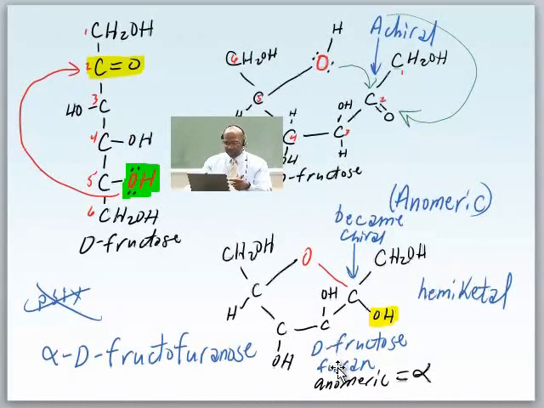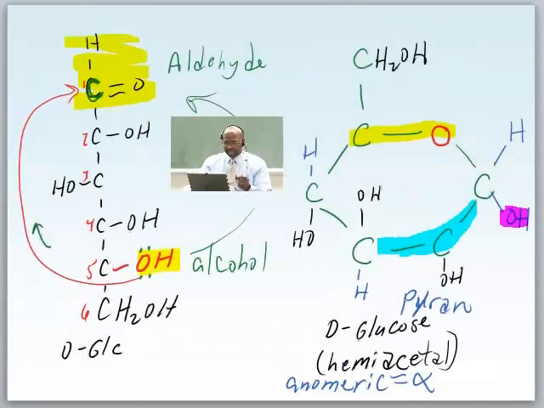Here's D-fructose. It's in the furan form. The anomeric carbon is alpha, so we called it alpha D-fructofuranose. Now back to glucose. It's D-glucose, in the pyran form, and the anomeric carbon is in the alpha position. Someone is going to be able to figure out how to name this.